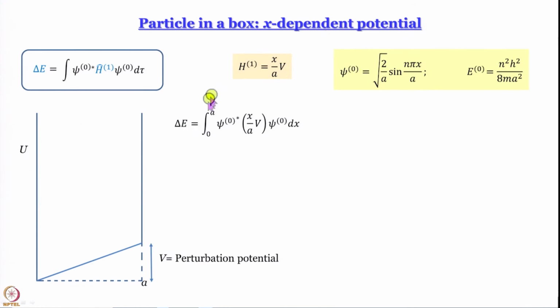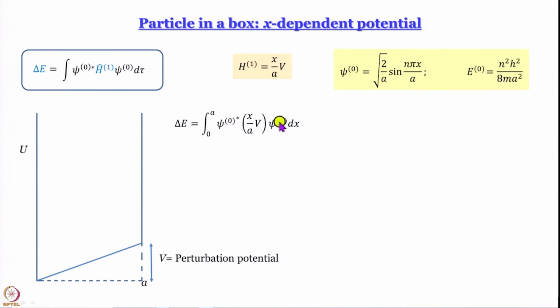So, delta E turns out to be the integral from 0 to a of psi 0th star, which is the same as psi 0th because psi 0th is a real wave function, multiplied by x into V divided by a, multiplied by psi 0th, integrated over all values of x from 0 to a, simple as that.